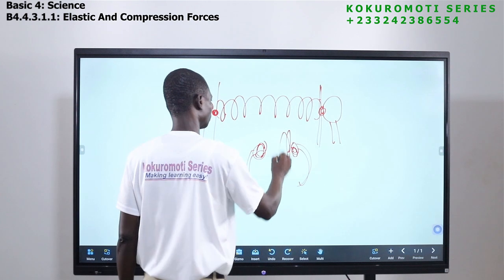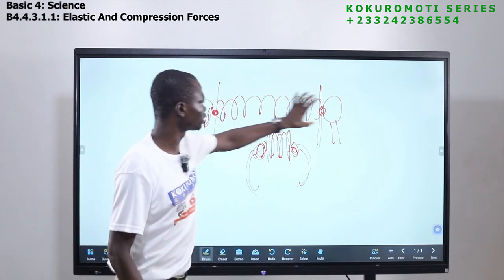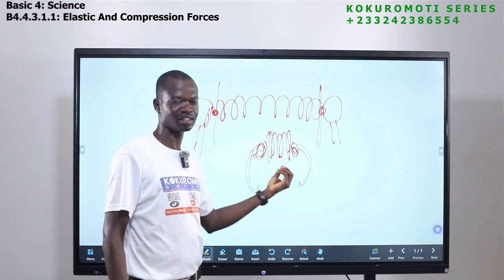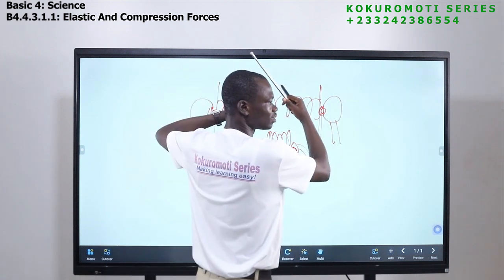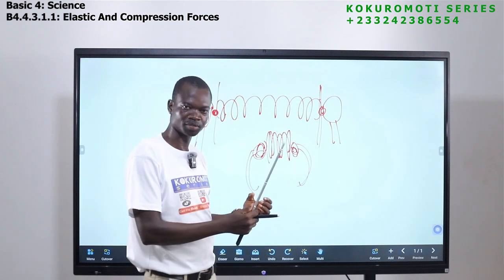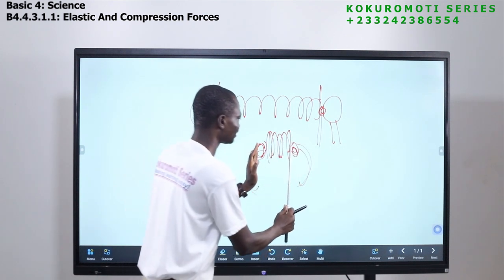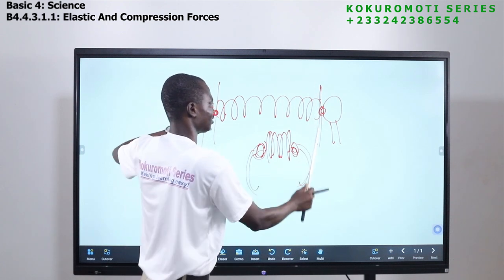So the spring will be like this. It will be reduced to this state if I compress it, or if I put them together like this. You see the size will what? Reduce. But the moment I take my hands off, it will go back to this side.